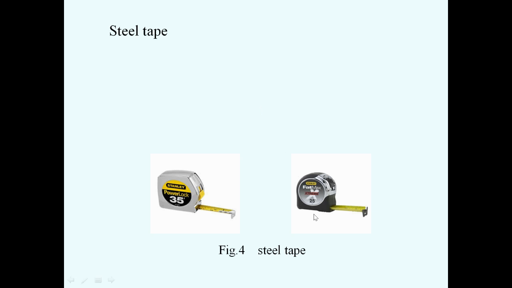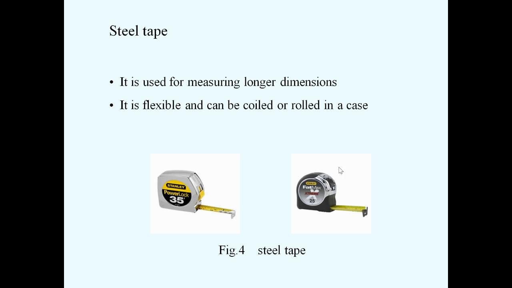Okay. So next one is steel tape. This is a diagram of a steel tape. Steel tape is used for measuring longer dimensions. If you want to measure longer dimensions, with the help of a steel tape we can measure longer distances and lengths.